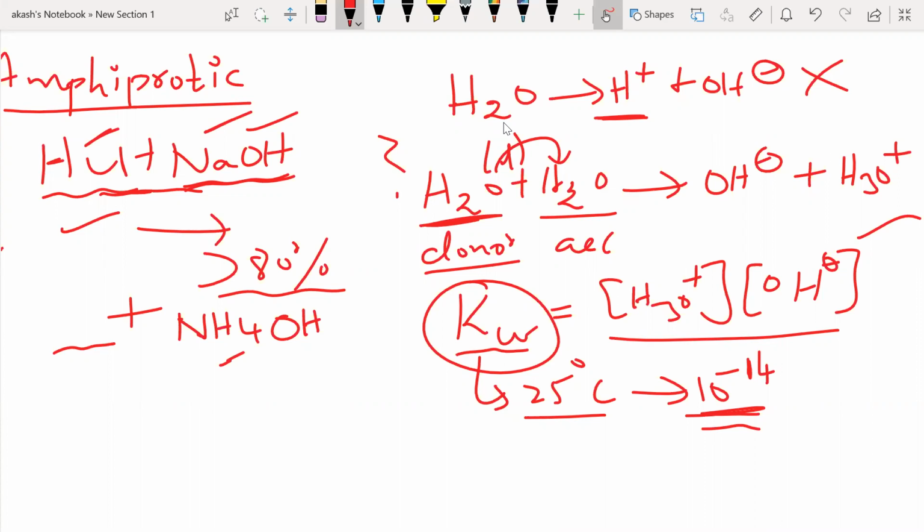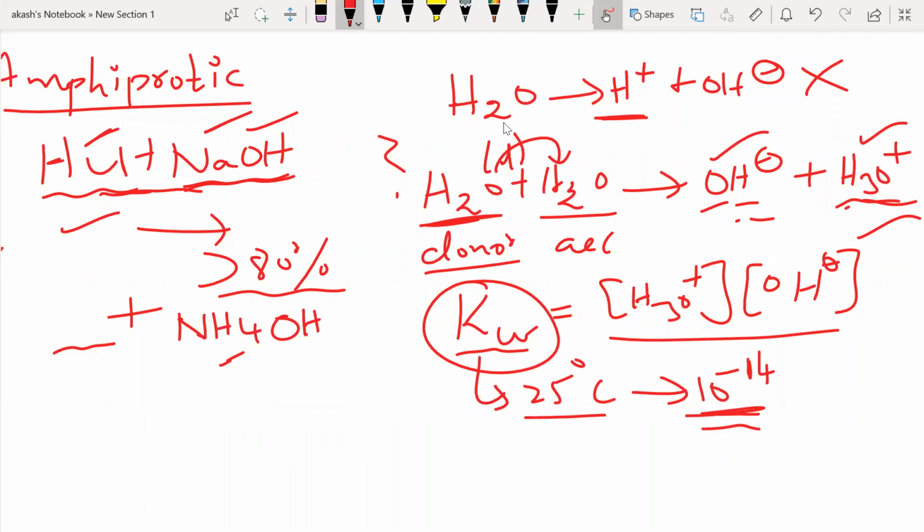Now, how would they have arrived at this? I'm not talking about the method, I'm talking about the mathematics here. If you look at this, guys, I have the H3O plus ion and the OH minus ion. From the stoichiometry, I can easily say that whatever the concentration of H3O plus is, that exact same concentration will be the value for OH minus ions also, because both are coming from water only. Stoichiometry says if I have 1 mole of this, I will have 1 mole of this.